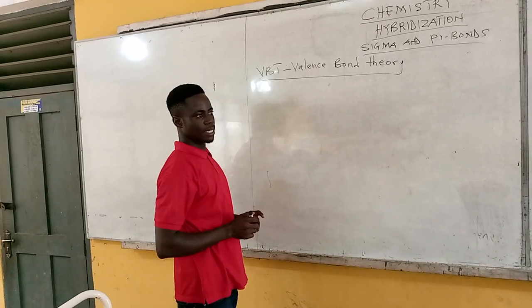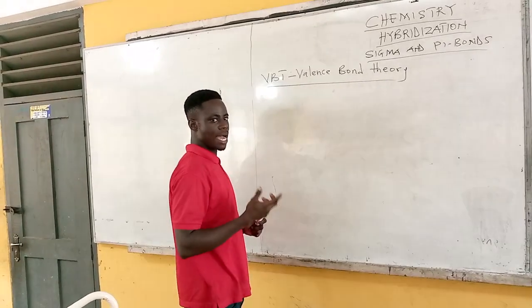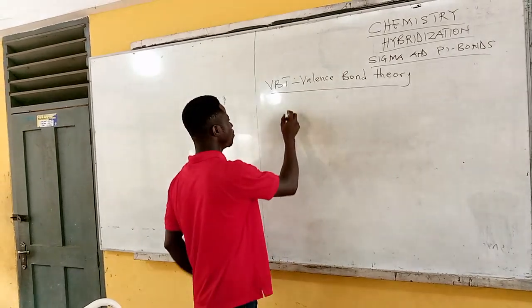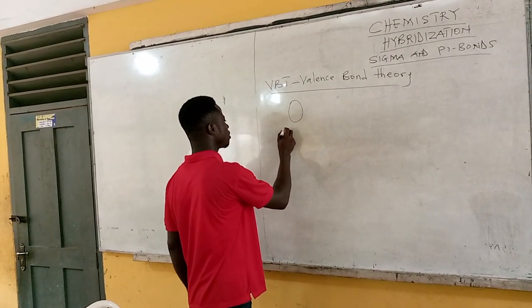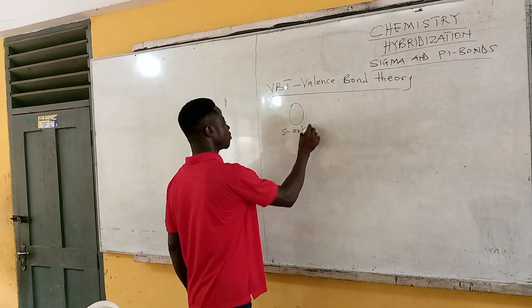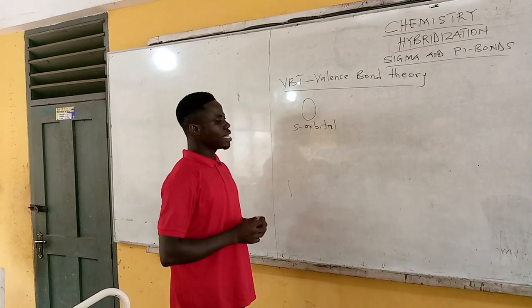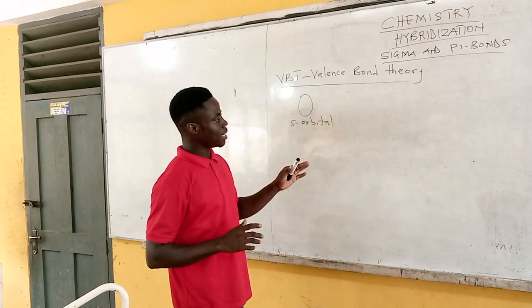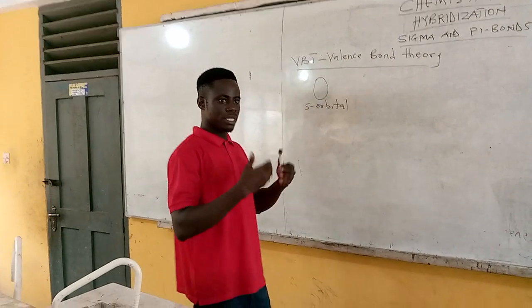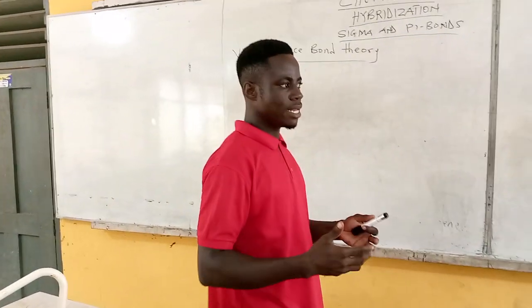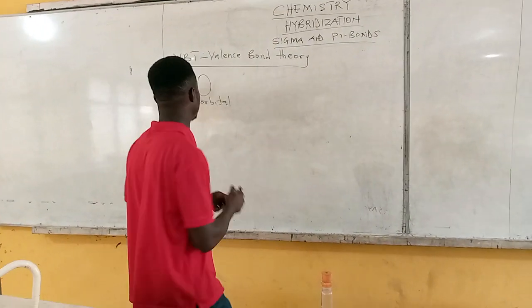We said that the s orbital is spherical in shape. So this is the shape of the s orbital. Now, anytime I have an s orbital mixing with another s orbital, there is a new species formed. So look at this.